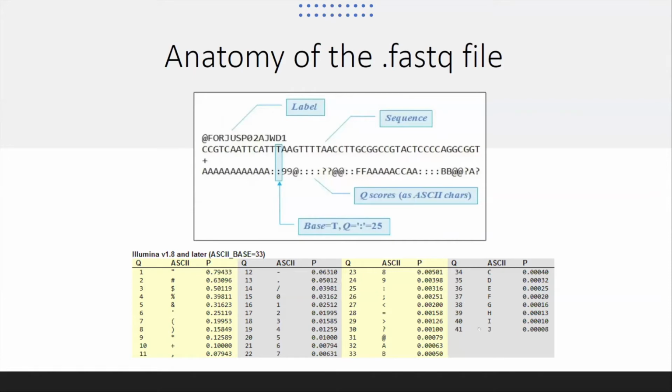So on the far right, when you get to the letter J, and then up through I, H, G, F, E, D, and C, you have certainties that are greater than 1 in 1,000 accuracy. So we can fine tune our quality assurance parameters to say that we will only accept data that's greater than 99.99% in accuracy or lower, depending on the pipeline that you're running.